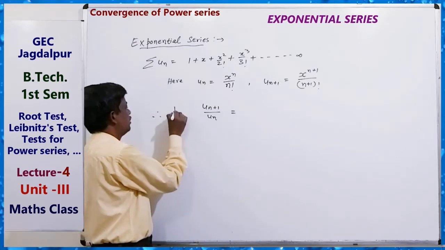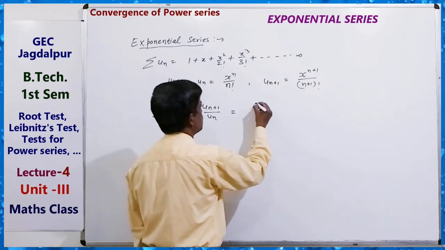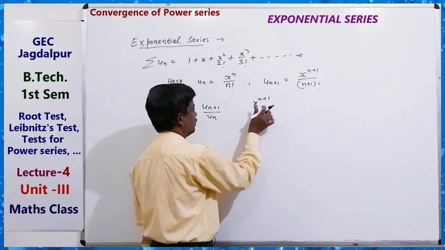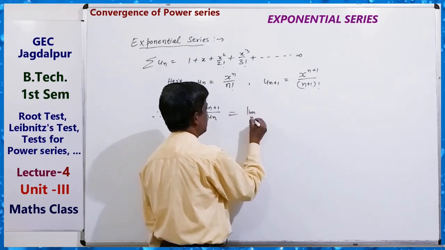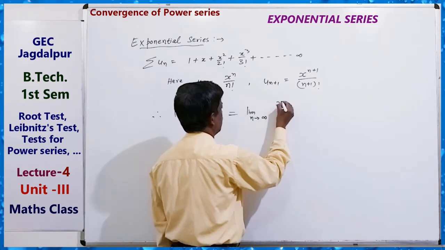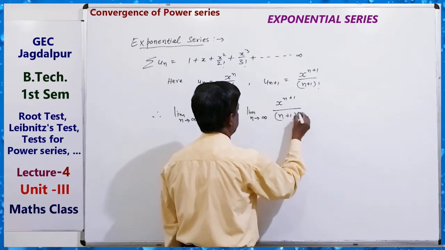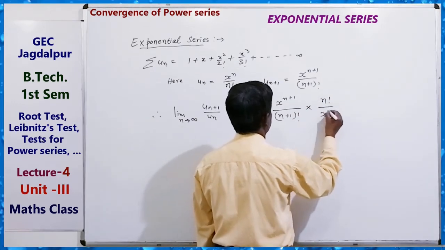Therefore, limit n tending to infinity of u(n+1) upon u(n) equals limit n tending to infinity of x to the power n+1 upon (n+1) factorial, into n factorial upon x to the power n.